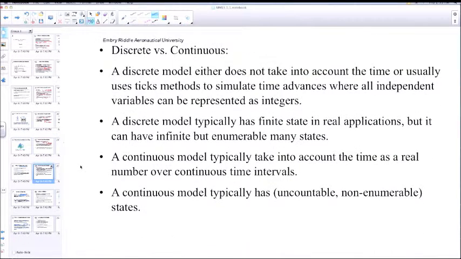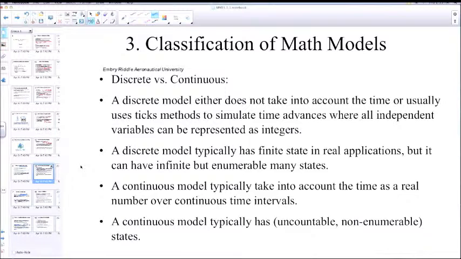Another keyword to classify is how you're going to model the time. There's a discrete model and a continuous model. A discrete model, basically, you use the ticks of time to model your system. For such a system, you can have a traffic light.